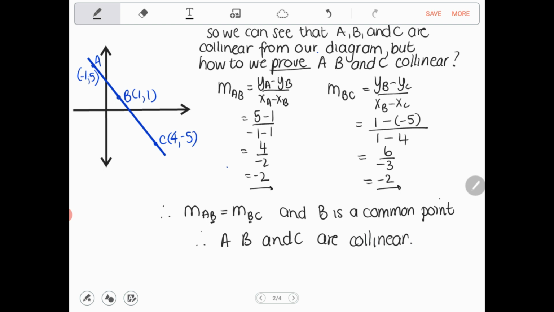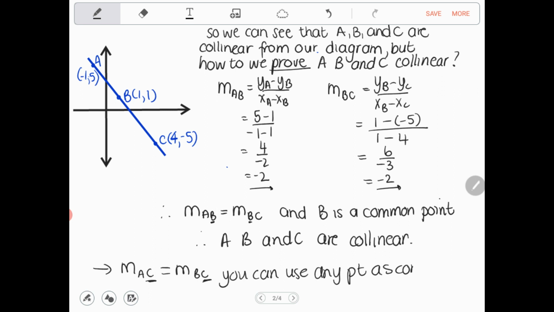It doesn't matter. You could have taken the gradient of AC and shown it was equal to the gradient of BC. As long as this is true, you can use any point as common.